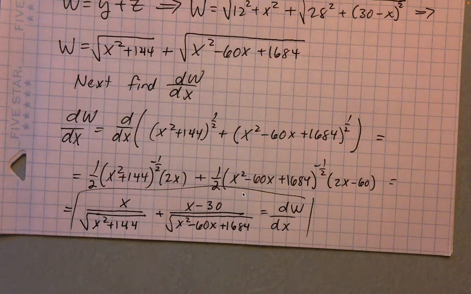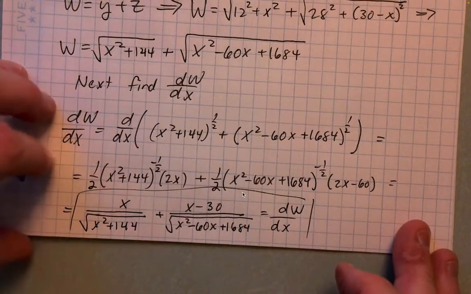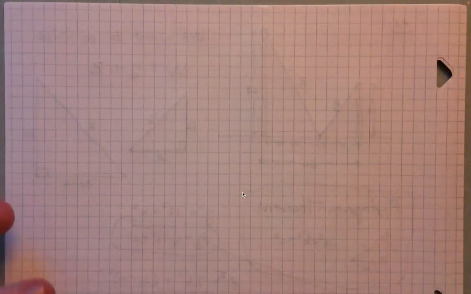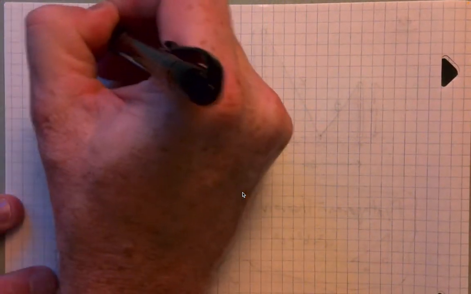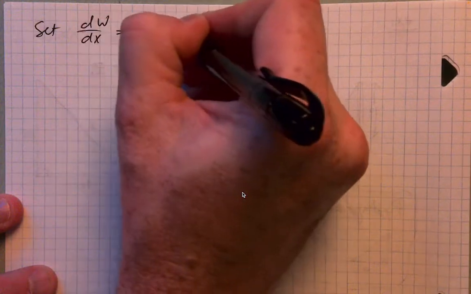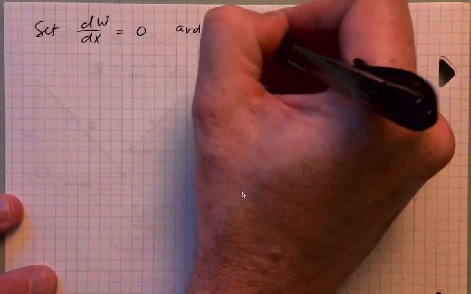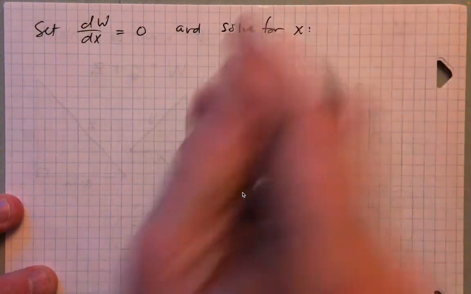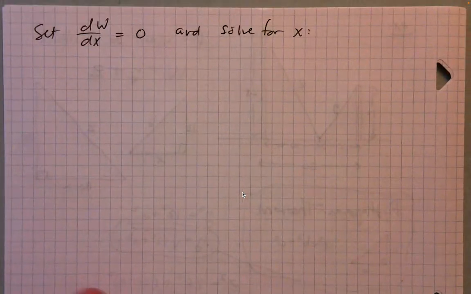Okay, so now that we found the derivative, what's next? Well, next up is to set the derivative equal to 0 and to solve for x. So set dw dx equal to 0 and solve for x. Okay, that's the next step here.